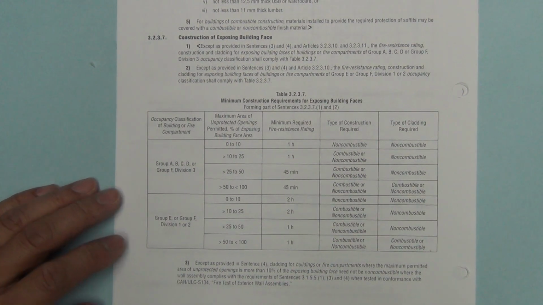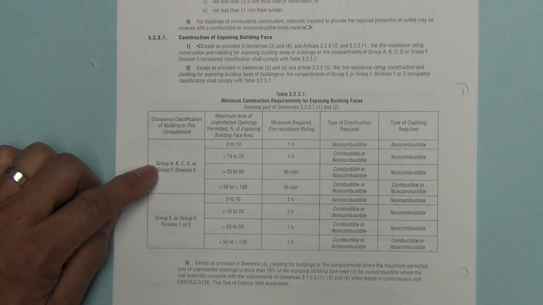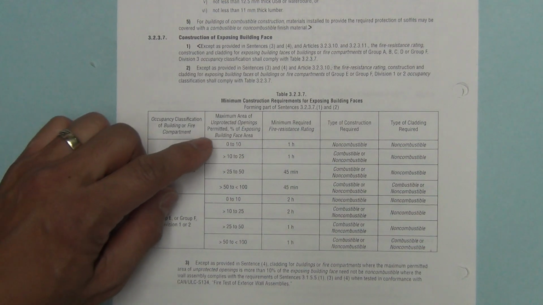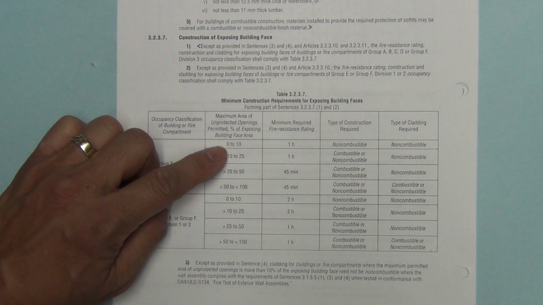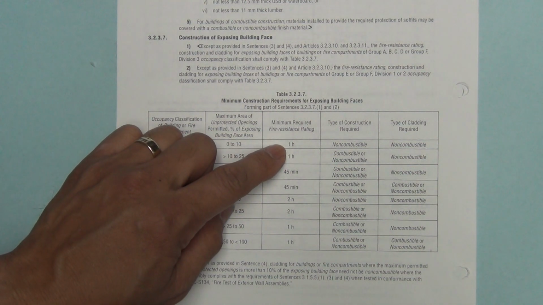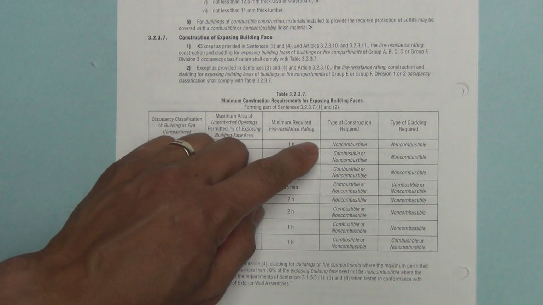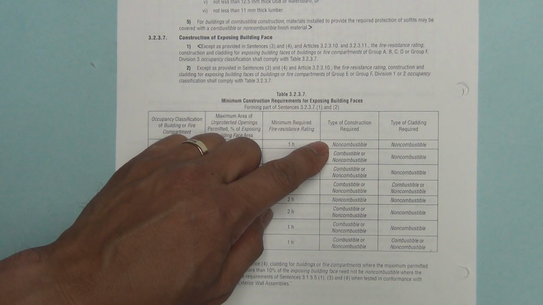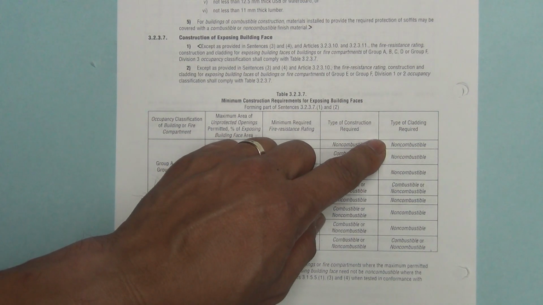So for an F3 occupancy, 9% permitted will take us to this row 0 to 10% permitted. So the construction requirements of the building then are 1 hour fire resistance rating, non-combustible construction, and non-combustible cladding.